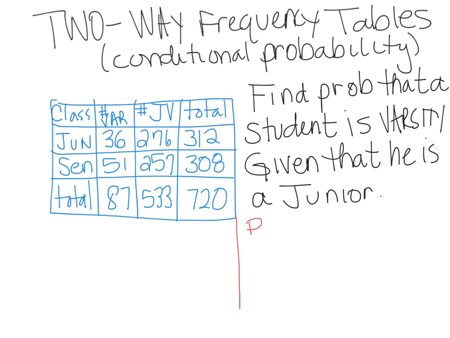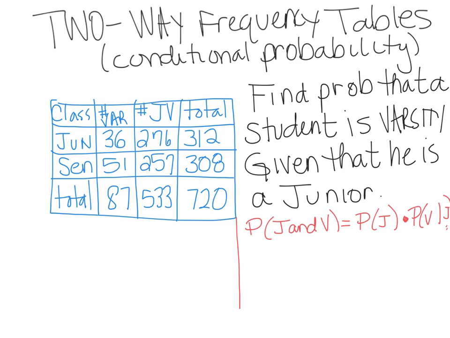So the probability of junior and varsity is equal to the probability of being a junior times the probability of being varsity given that you're a junior. So there's that formula we've been using for two dependent events.